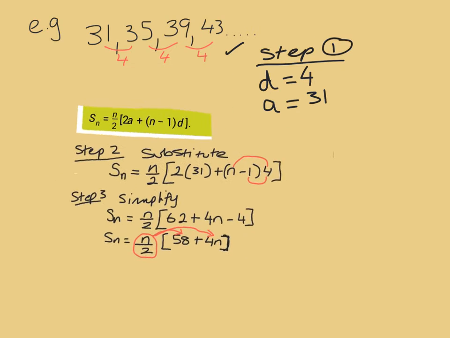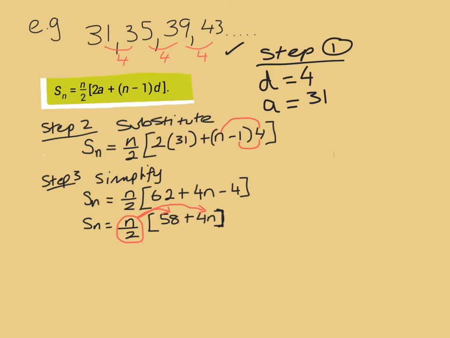So what I'm going to have then is Sn equals 58n over 2, and in a second we're going to divide that 58 by 2 to get a simpler answer. Then we have plus 4n squared, because remember n by n gives me n squared, all over 2.